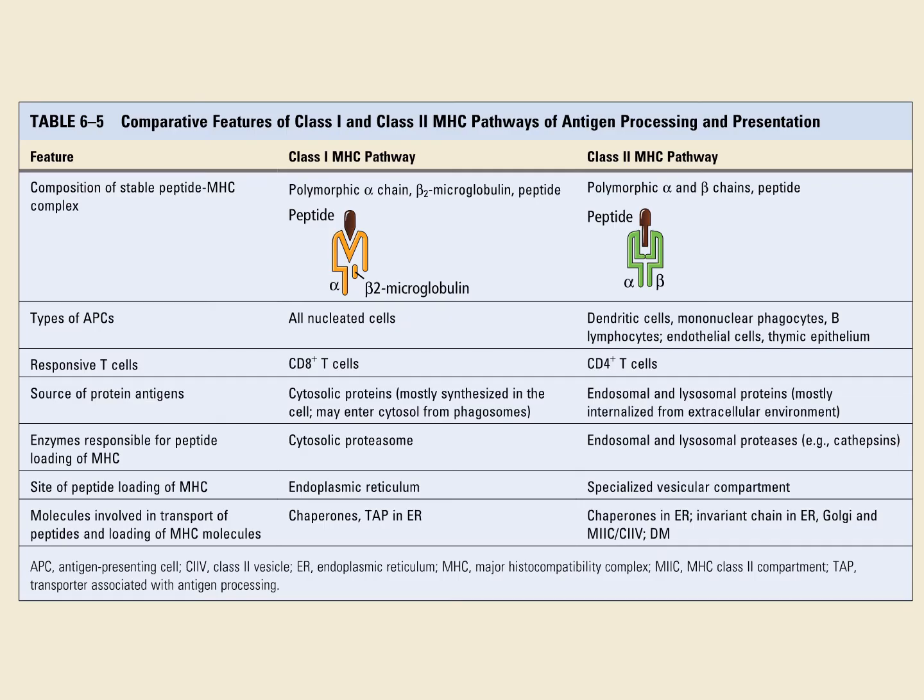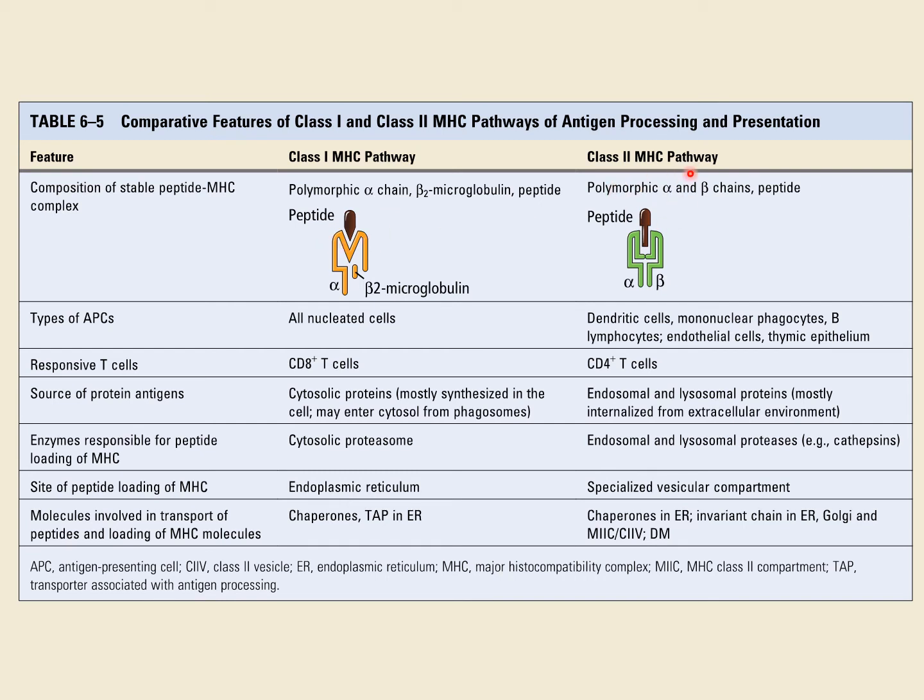Now let us compare the features of class 1 and class 2 MHC pathways of antigen processing and presentation. First, the composition of the stable MHC complex. In the class 1 pathway, it is composed of alpha chain and beta 2 microglobulin, and the cleft is formed by alpha 1 domain and alpha 2 domain.